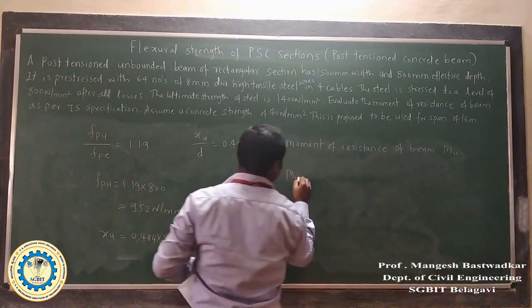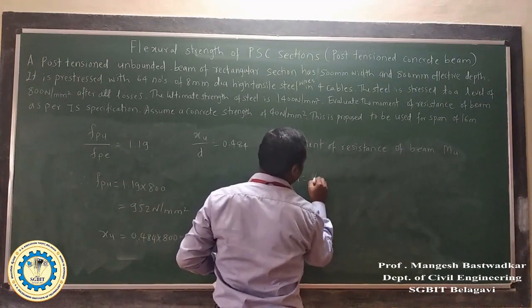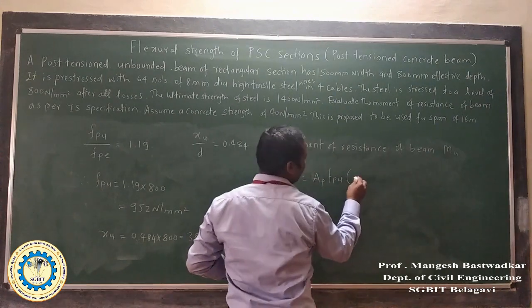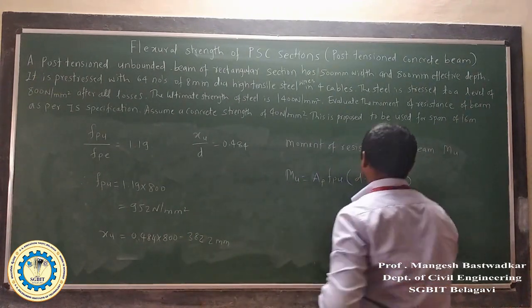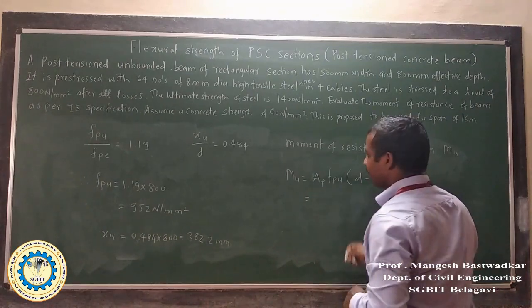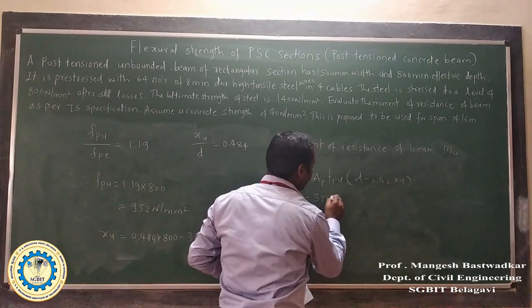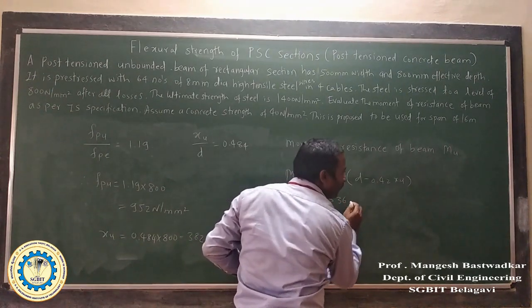That can be calculated for rectangular section. It is AP into FPU into D minus 0.42 XU. So that is AP is 3215.36.